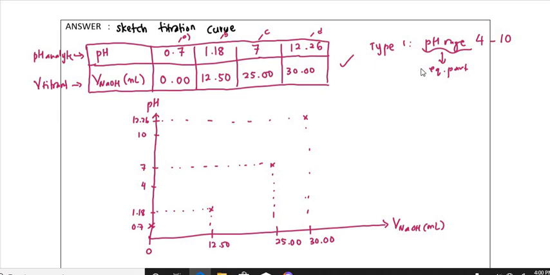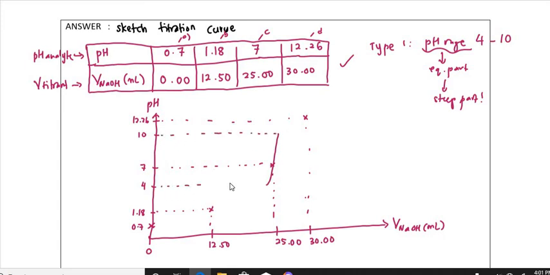So that means pH range 4 to 10 refers to the equivalent point, okay, refers to the steep part. Remember the steep part? The steep part is the line that is almost vertical. Okay, so starting from 4 to 10 here.